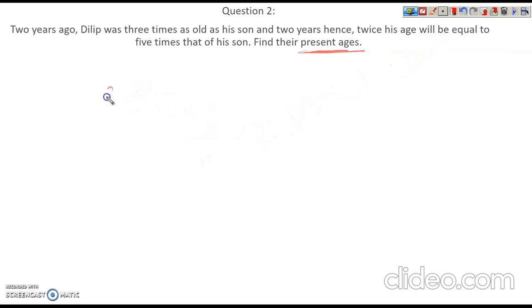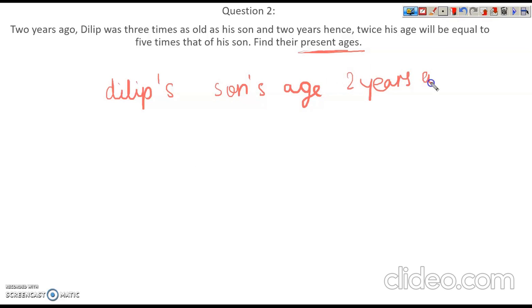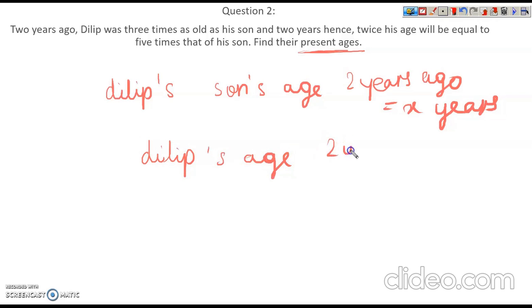So, we can write that Dilip's son's age 2 years ago will be x years. We can say that. Then Dilip's age 2 years ago will be 3x, because here in the question it's 3 times.